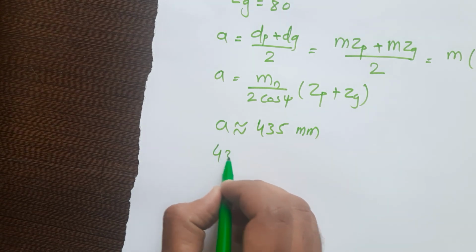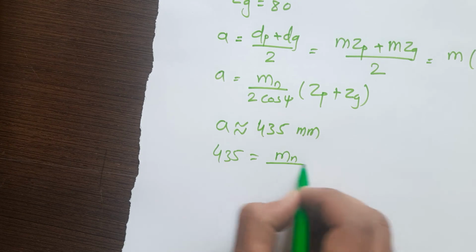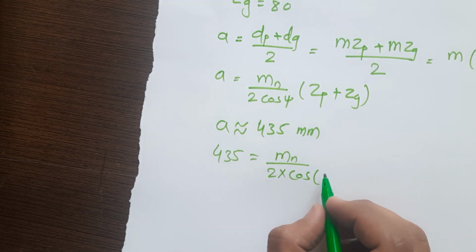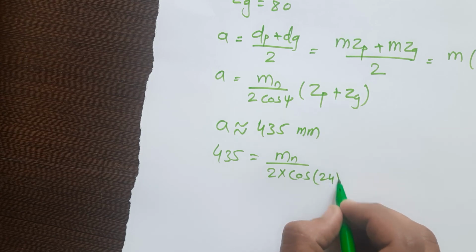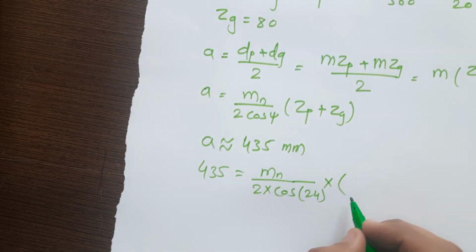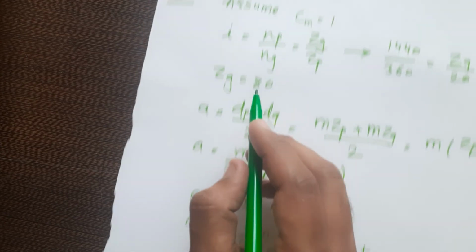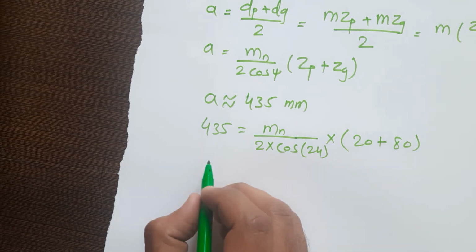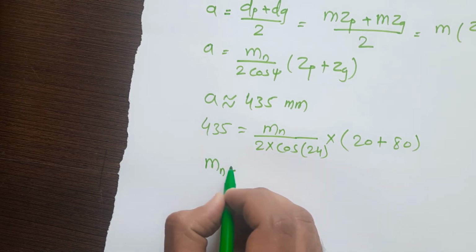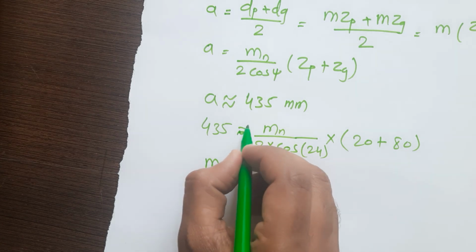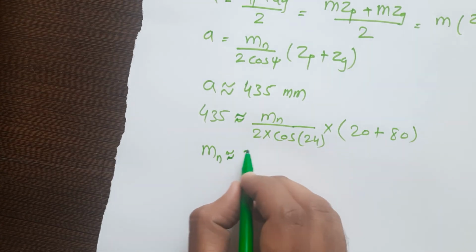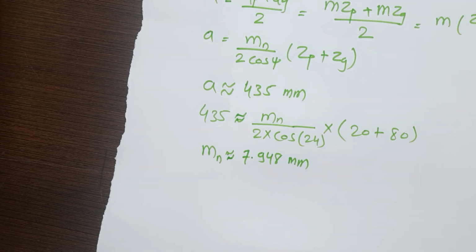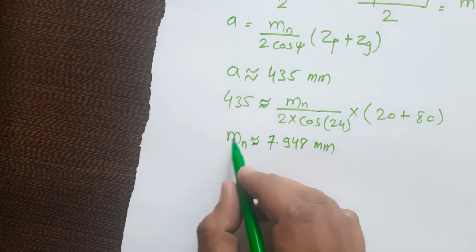So here 435 is equal to mn divided by 2 times cos of psi, where psi is given as 24 degree, into zp is 20 and zg we just calculated as 80. If you solve this, you will get normal module mn approximately 7.948 mm. Because the center distance is approximately 435, we have an approximate value of mn.